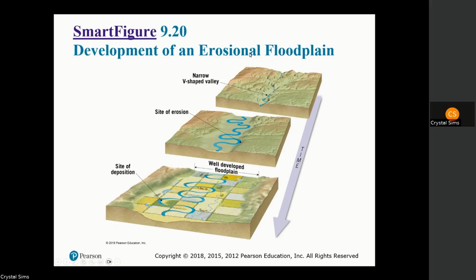And instead of the sides getting more narrow, the base just gets wider. And so we get this wider and wider area. We can get more meanders or more curves and bends. We can get these oxbow lakes that form where the flow gets cut off from the original stream channel.